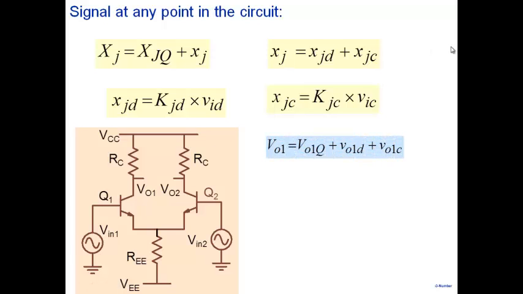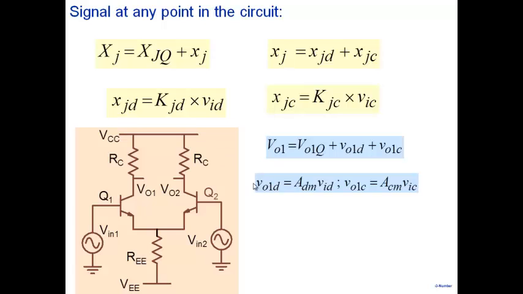Okay. So as an example, the total value of V01 that you see here will have a bias point, quiescent point, plus will have a differential part here and will have a common mode part. The differential part, V01D, will come about because of differential input voltage here. So we can write this as the differential part, V01D, equal to, it depends on differential input voltage here, and the proportionality constant, we call it differential mode gain.